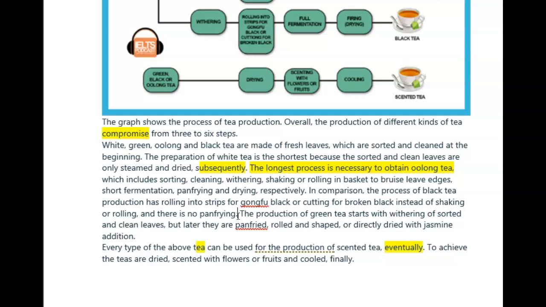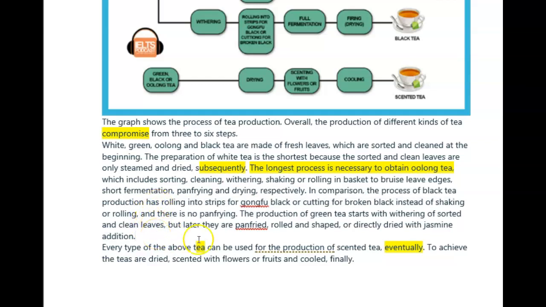Yes. Shaped, or directly dried with jasmine, with the addition of jasmine, I would say, in there. Yes. Here. Yeah, we did that bit. Okay, that's fine. Sorry, I just wrote a note in my book and I wasn't sure. Yep, so that's fine there.